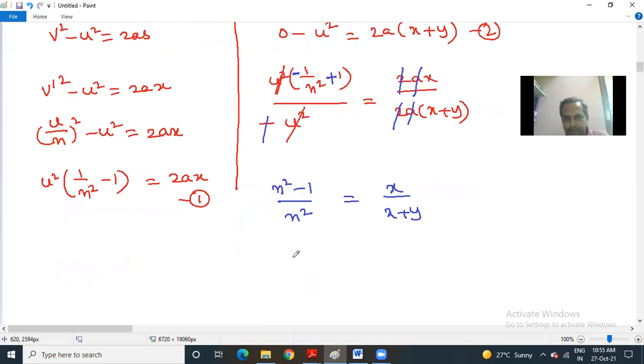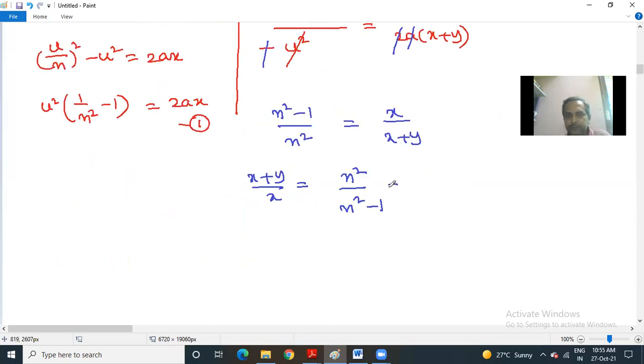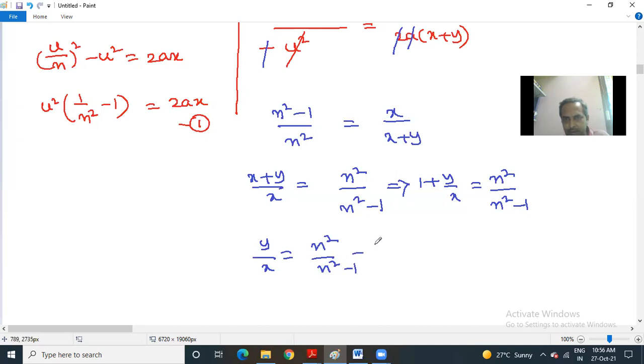Now let me write here: x plus y by x is equal to n square by n square minus 1. This can be written as 1 plus y by x is equal to n square by n square minus 1. So y by x is equal to n square by n square minus 1, minus 1. n square minus 1 is the LCM.